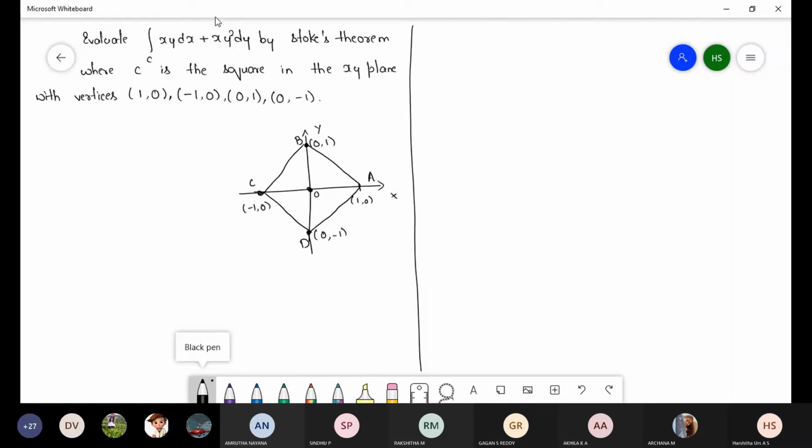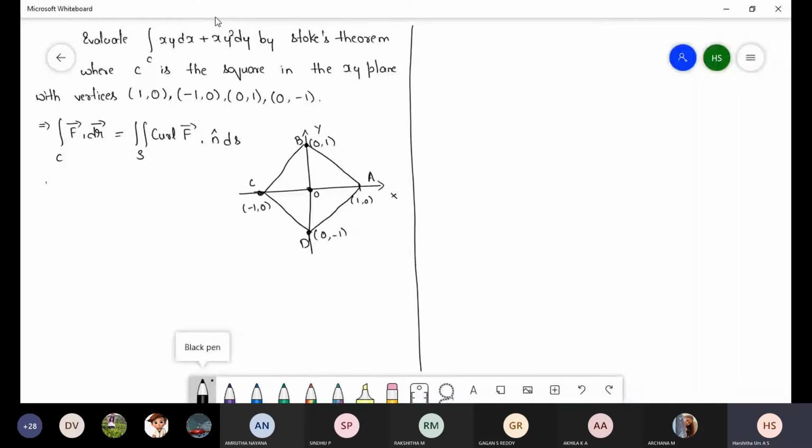Now write the Stokes theorem formula. Integral over the curve C vector f dot vector dr is equal to double integral over the surface curl vector f dot n cap into ds.